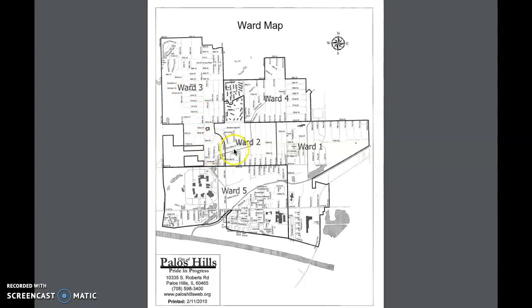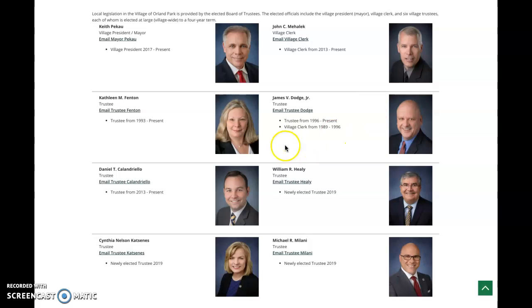If you go back to Orland Park, all of these people represent the entire area of Orland Park. However, if you have a special need, your need might not be met because with village-wide elections, you're supposed to cover everybody in that community rather than just one particular area.